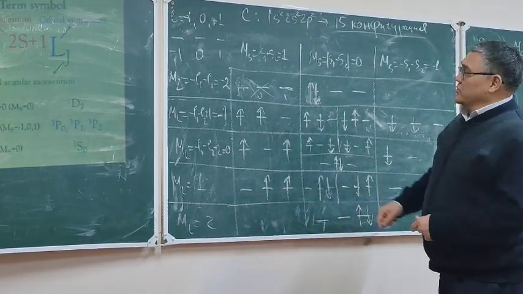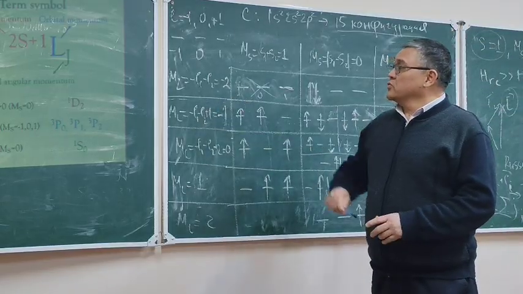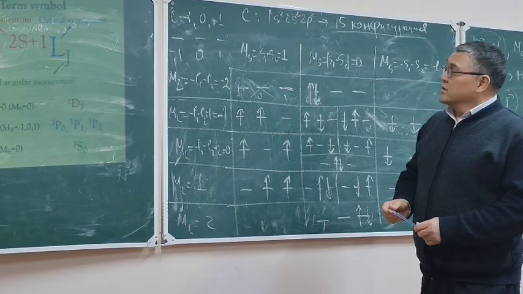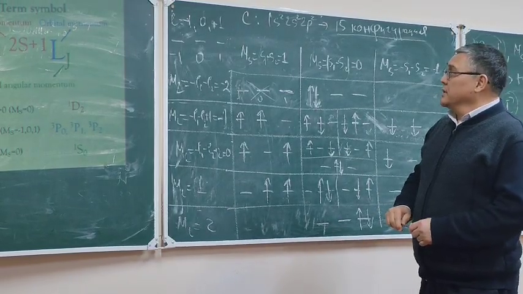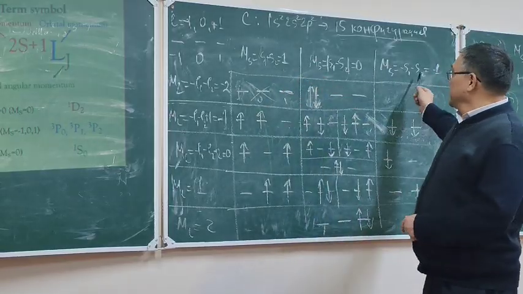This table shows the ML values, which correspond to the orbital values of adding these 2 electrons on the p orbital, and the values of the spin moment.